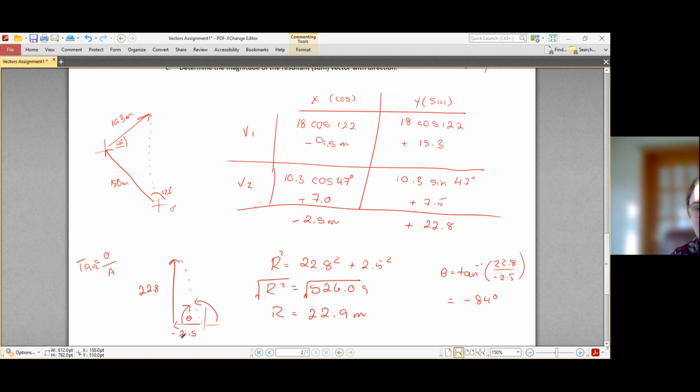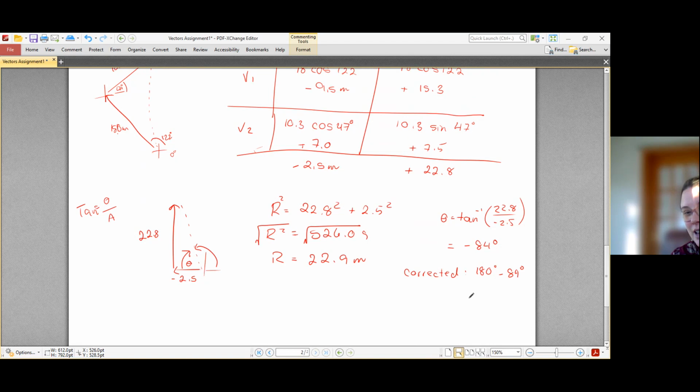Well, it's negative because that angle is back from 180, so corrected. You get 180 degrees minus 84, which gives us an angle of 96 degrees. So the sum, this is the final piece of the question, is equal to 22.9 meters at 96 degrees.